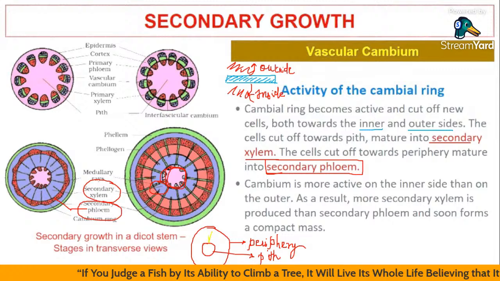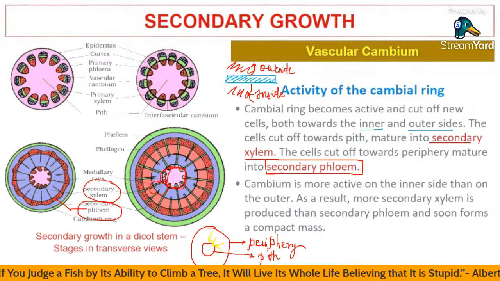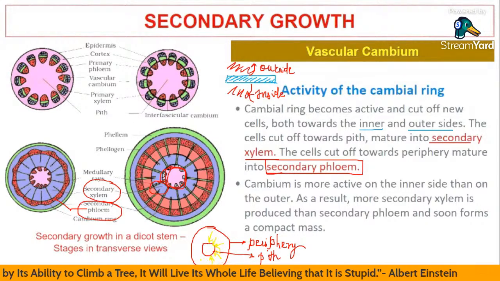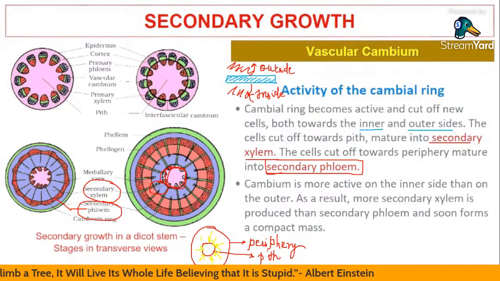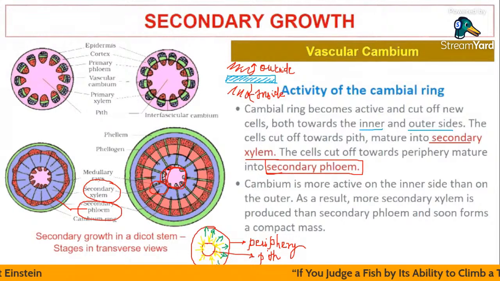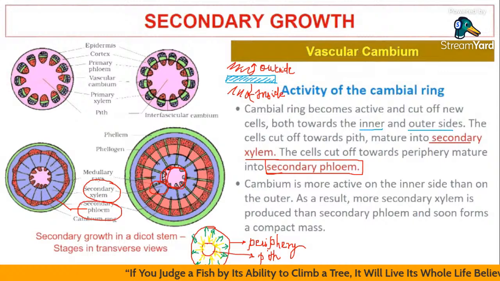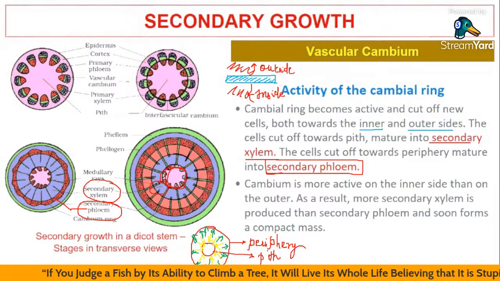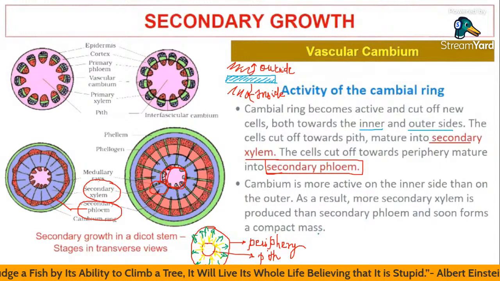You will learn that secondary xylem is formed towards the pith, whereas secondary phloem is formed towards the periphery. I hope the red, green and yellow colors are perfectly fine for everybody.